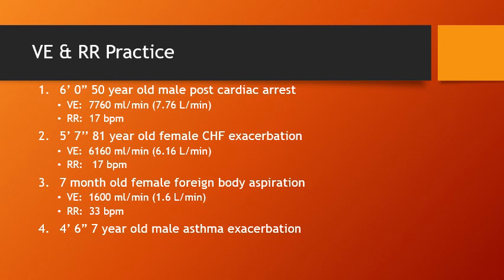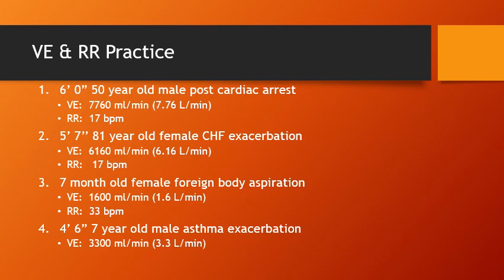Patient number 4, our 7-year-old male with an asthma exacerbation. Go ahead and pause the video and calculate his minute ventilation and respiratory rate. So for this patient's minute ventilation, you should have gotten 3,300 milliliters per minute, or 3.3 liters per minute.